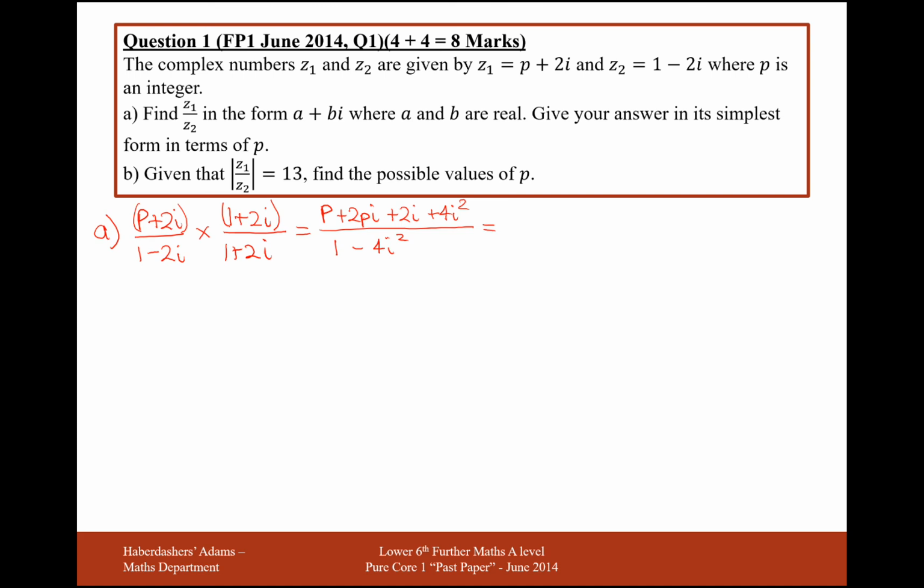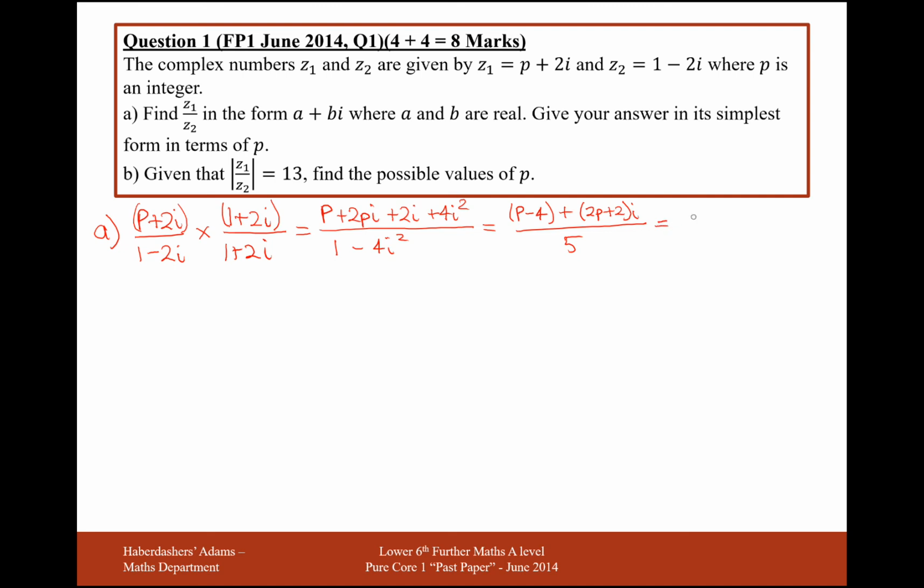Let's simplify the i squared values now. That's minus 1, so on the top it's going to be p minus 4, add 2p plus 2 on the i's, and this is going to be divided by, i squared is minus 1, so minus 4 times minus 1 is plus 4, so 1 plus 4 is 5.